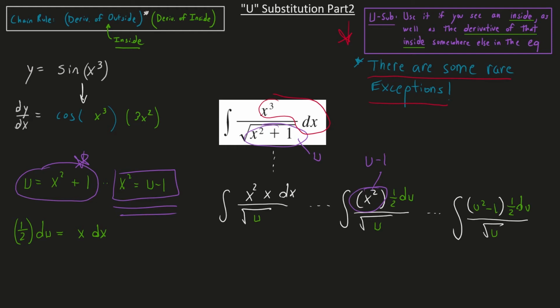So this is one of those rare exceptions. We looked at our problem here, and we could not find a u such that the derivative of that u was elsewhere in our equation. At least not easily. We had to take our guy here and split it up to see the derivative of that inside. And then even after that, we still had some x's left over.